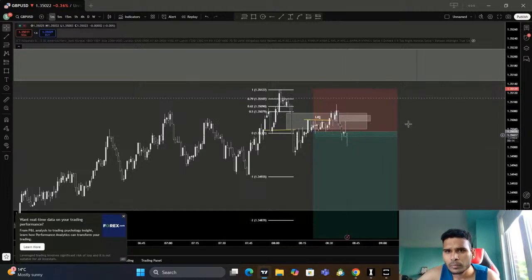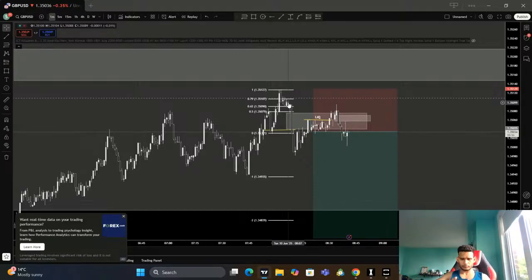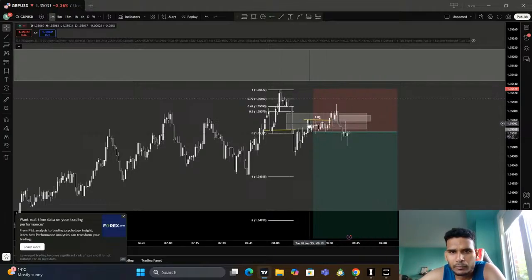Technically speaking, after stripping the highs, it's just a structure shift, the breaker plus this fair value gap.